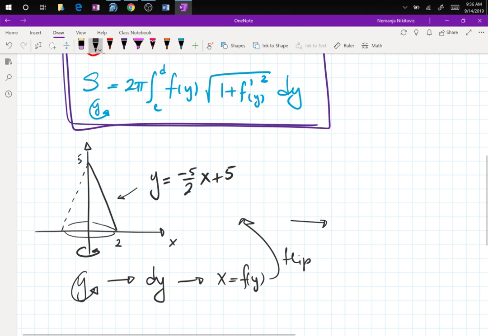So we flip. We say y minus 5 is equal to negative 5/2 x. We are solving for x, right?